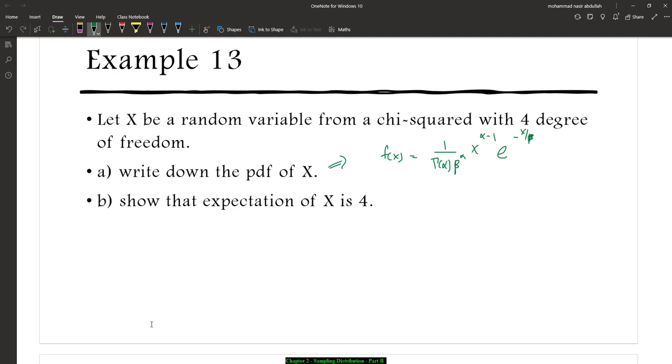Betul? Can you check? You need to remember this one. x is more than 0, beta is also more than 0, alpha is also more than 0. This is gamma distribution, kan? Gamma PDF. Can you check?